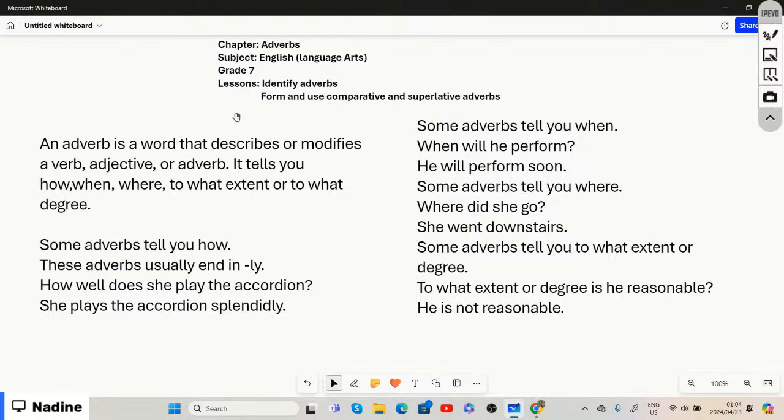And the lessons that we are going to be focusing on under the chapter of adverbs, right, is to identify adverbs, and to form and use comparative as well as superlative adverbs. And we're going to figure out the difference between comparative as well as superlative adverbs.